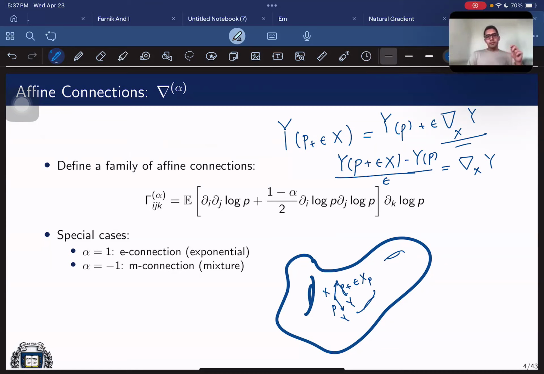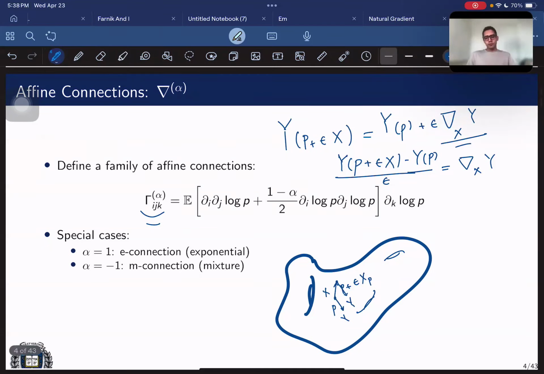With the metric, we have a local inner product at each point. Then we discussed a wide range of alpha connections, which was given with this formula. In order for us to give an affine connection, because it's a 3-index tensor, we need n to the power of 3 parameters to define the alpha connection, which is defined as follows, for example, for the alpha connections.